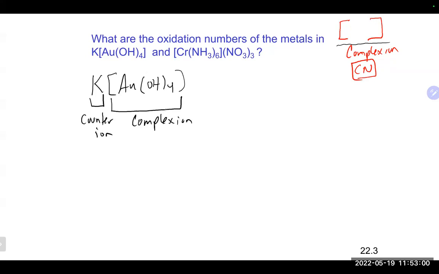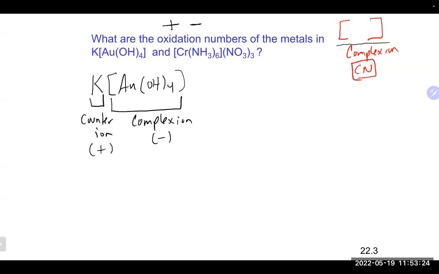Coordination compounds, much like ionic compounds, follow the same rule: the one that is positive always comes first, followed by the negative. So just by the order, my counter ion here is positive, and my complex ion overall is negative to balance it out.